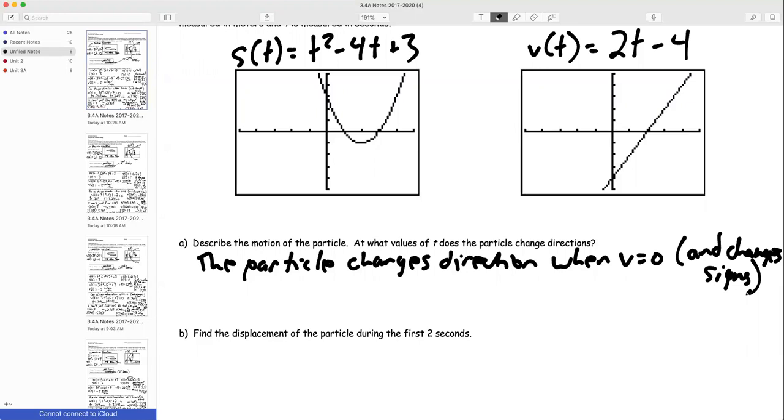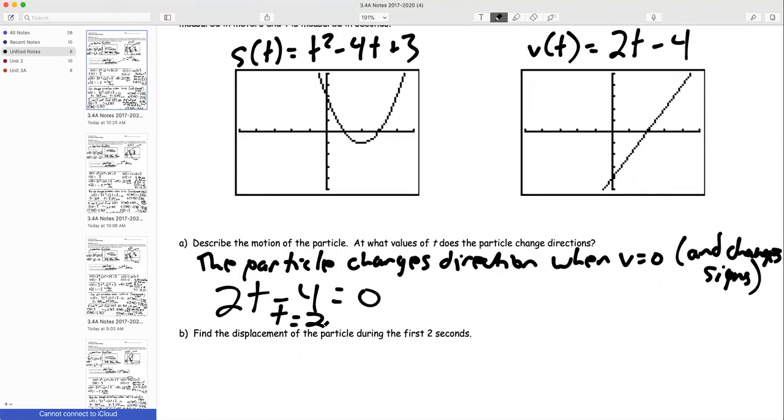So I can look at the velocity graph and see that it's going to change direction once right here. And if I set my velocity equation equal to 0, I have 2t minus 4 equals 0. Therefore, I move the 4 over and divide by 2. So t is equal to 2. It's going to change directions after 2 seconds. At 2 seconds.